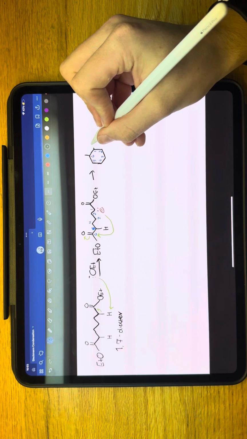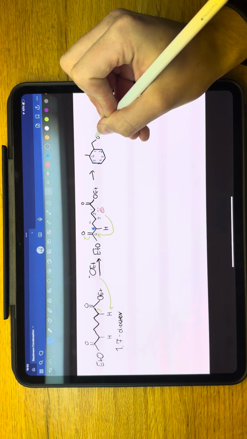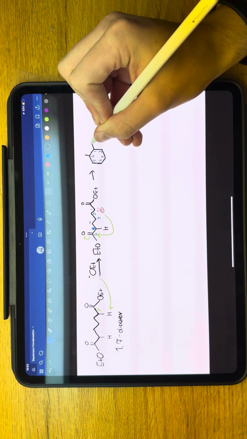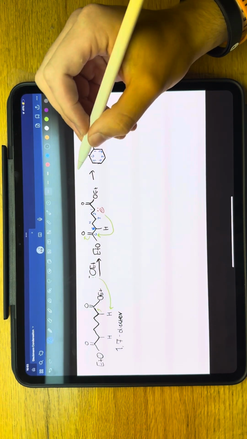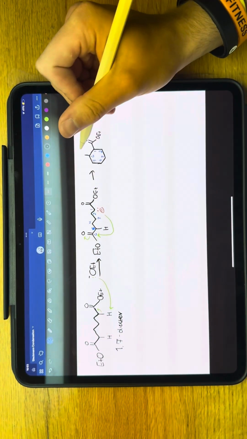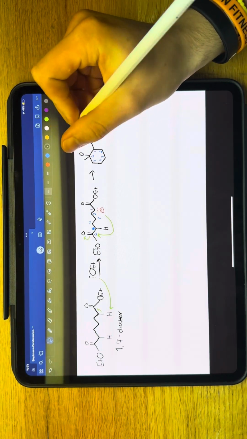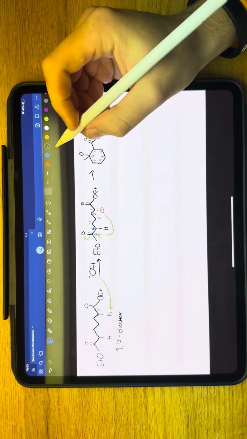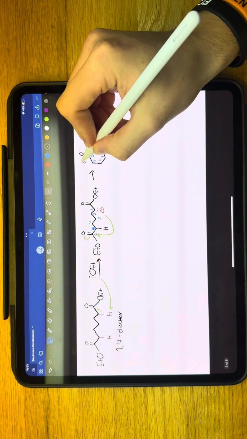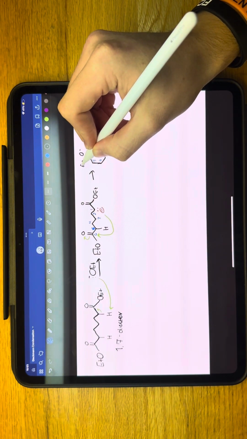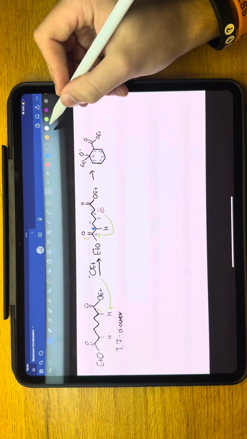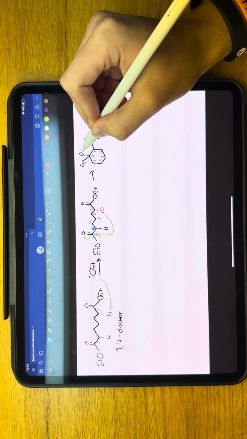So off of your carbon number 1, you're going to have your ester group. Whereas on carbon number 6, you will now have a negatively charged oxygen. And then, of course, your ethoxide ion there.